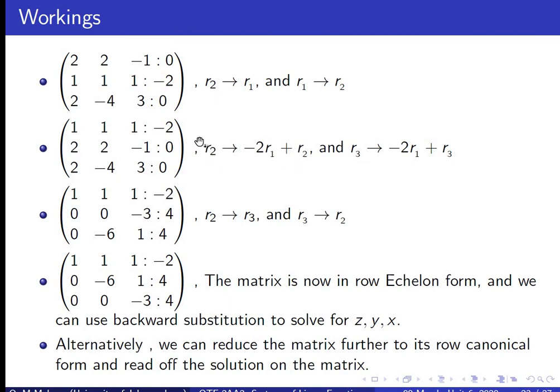You must remember that these operations are quite important because they give me an idea of how you got to here. So it's very important to make sure that these operations are clear. And row 3 should also change.